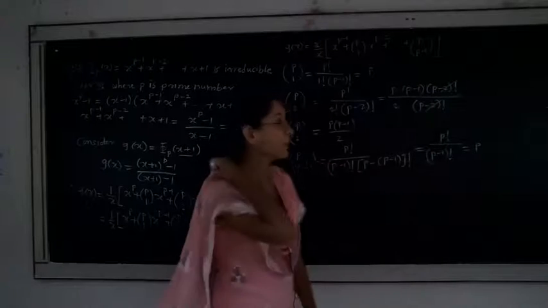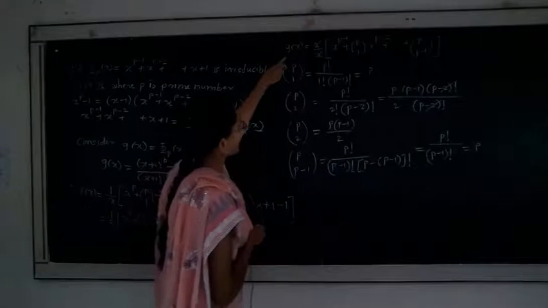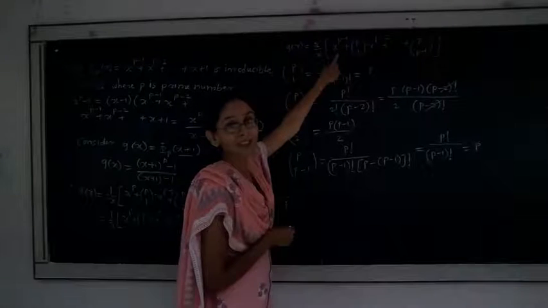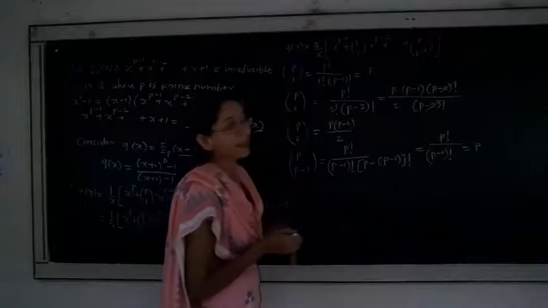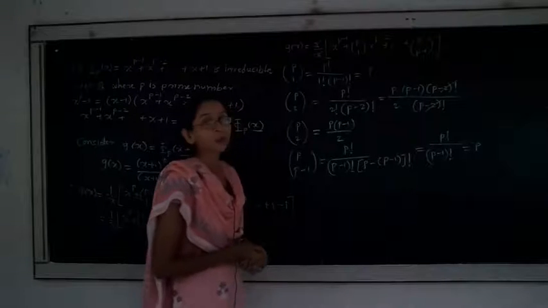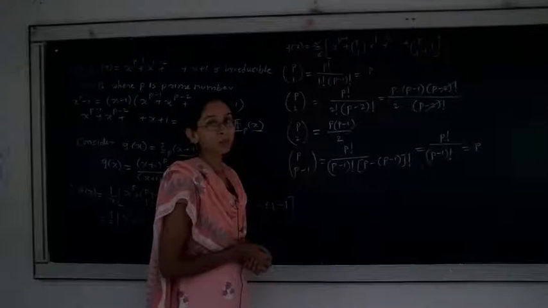See the polynomial g of x. g of x has all the coefficients other than the leading coefficient divisible by p.